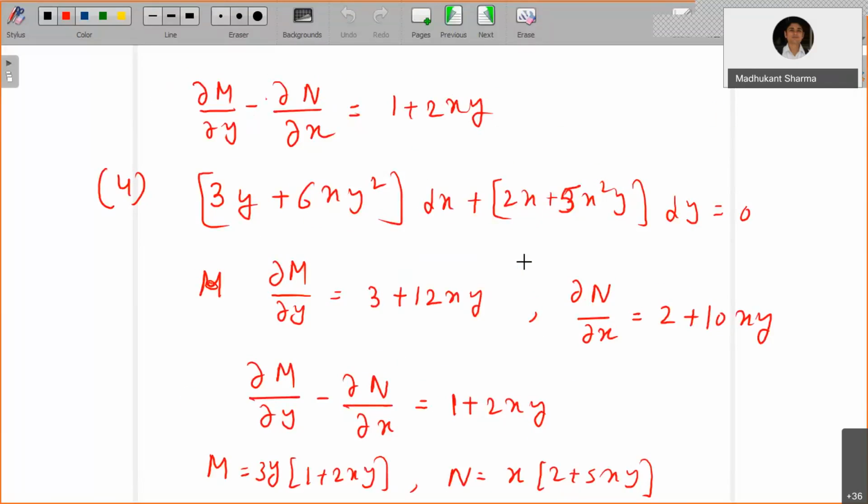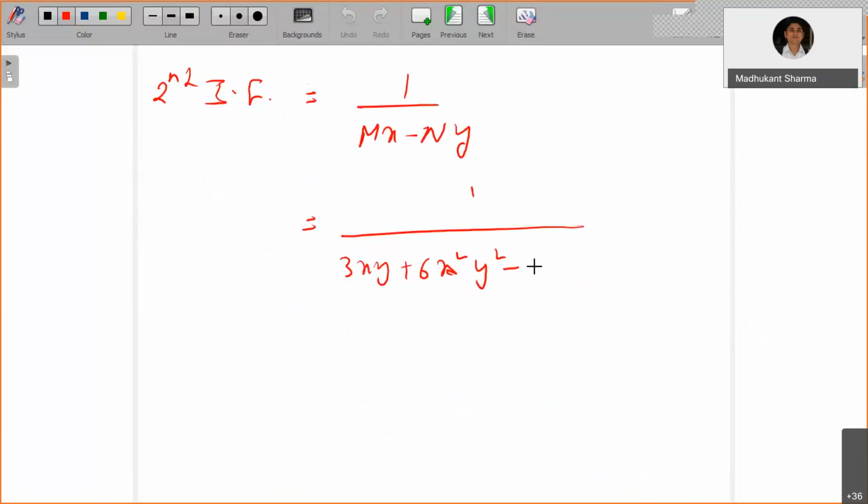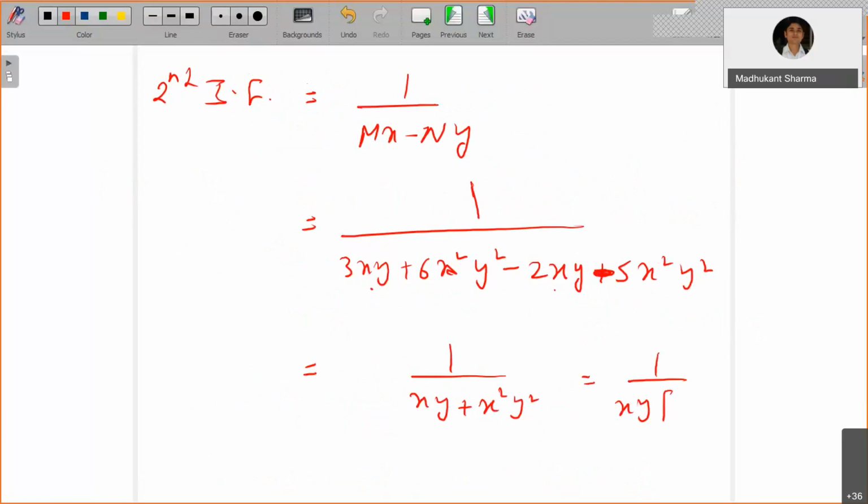N is 2x, right? So 2x squared y plus 5x squared y squared, with a minus sign. So 3xy minus 2xy is xy, plus x squared y squared. So this is going to be 1 upon xy times (1 plus xy). So this is another integrating factor, which is a rather complicated one.